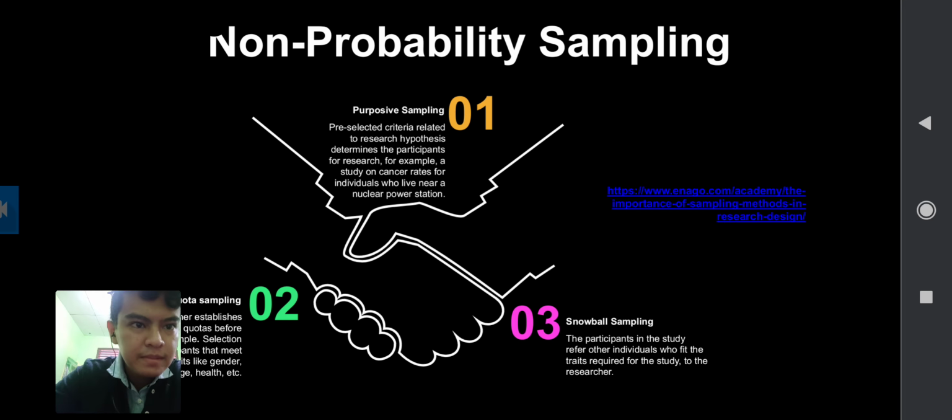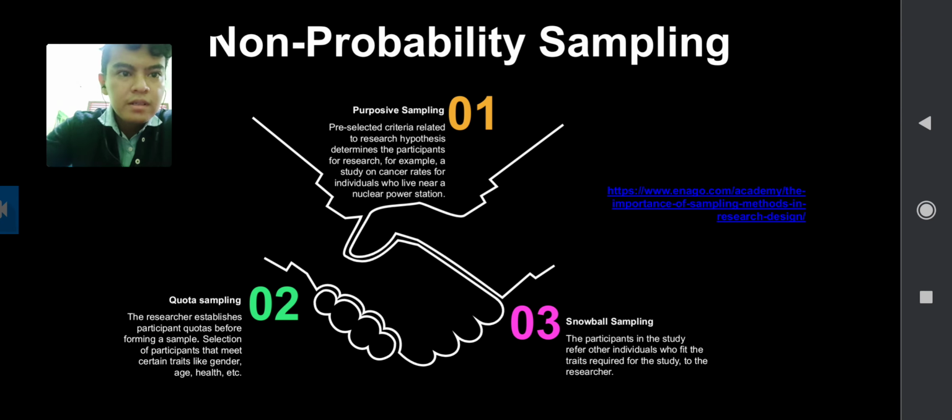Next, we have to learn and consider more about non-probability sampling. What are the functions of non-probability sampling? The first is purposive sampling. It uses pre-selected criteria related to the research hypothesis that determine the participants for the research.